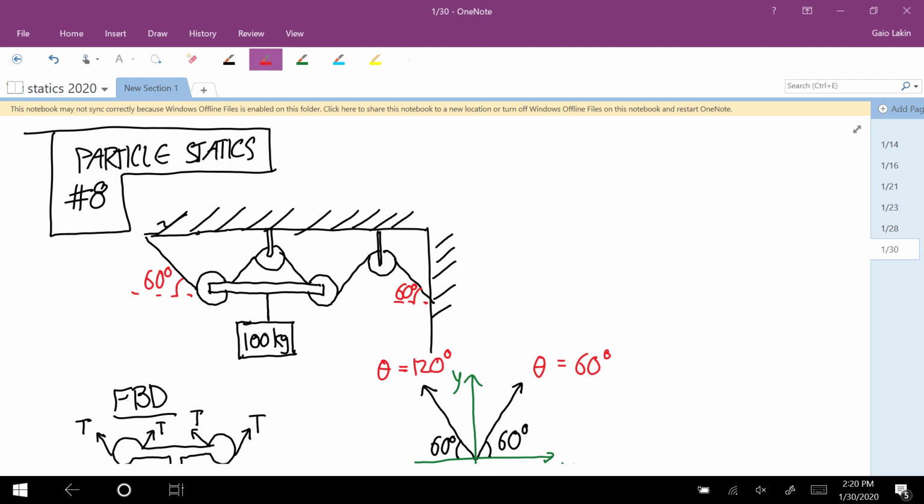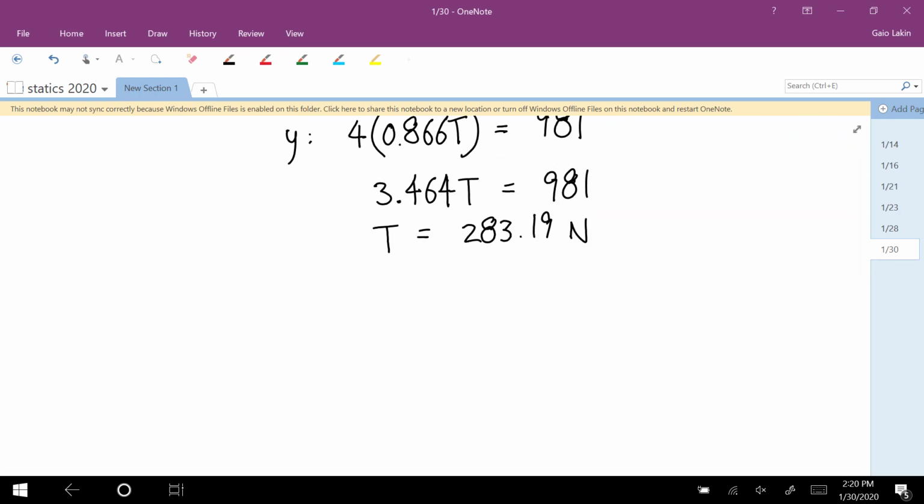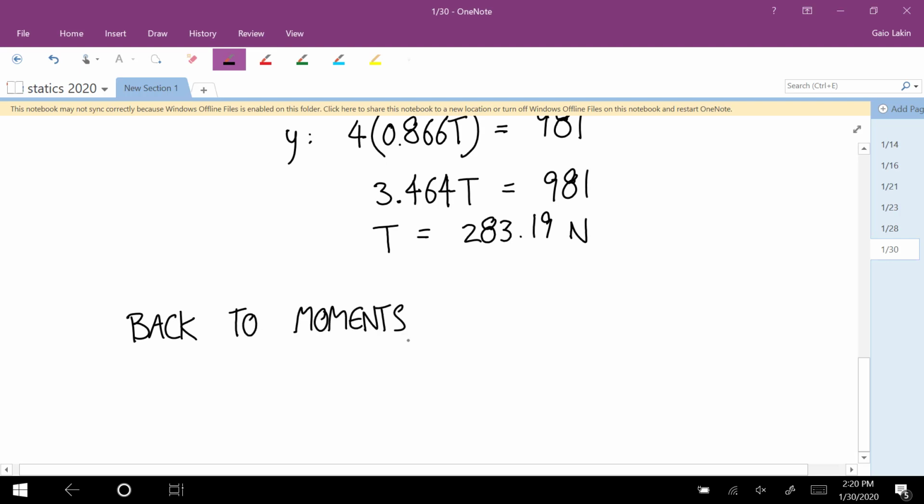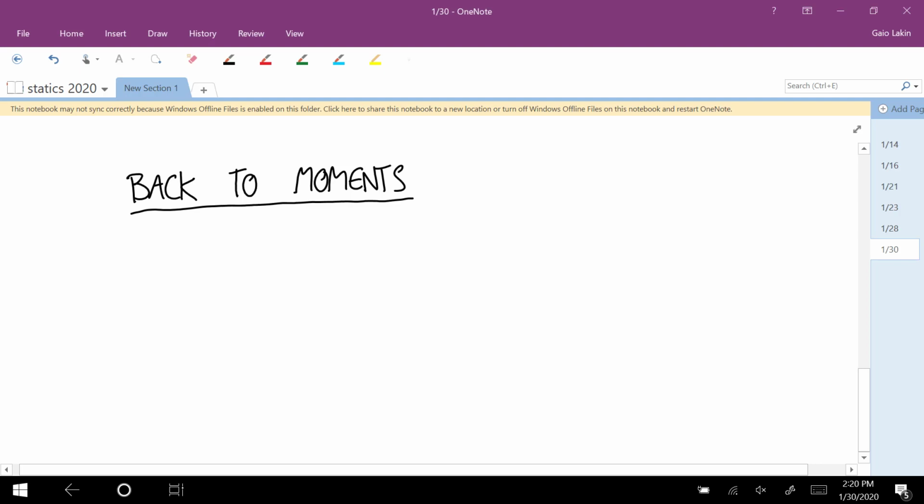All right, so now we're going back to moments in rigid body statics. And the way you calculate a moment is, the moment about some point A is the rho vector crossed with the force vector.